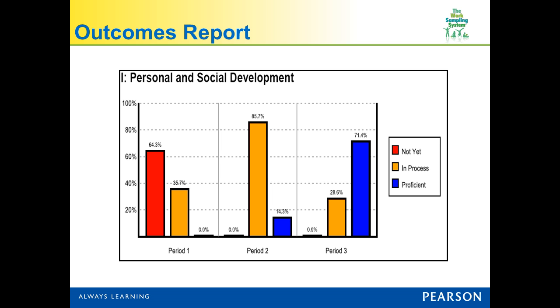We typically see more not yet ratings in the fall of the year, and then as children have exposure to different learning opportunities and activities and experiences, not to mention just their natural growth and development, we would typically expect to see more children proficient by year end. But you can see here, we don't necessarily see all children proficient.